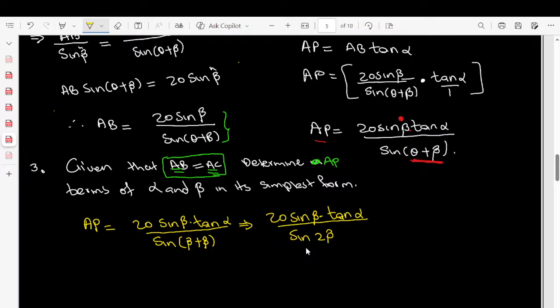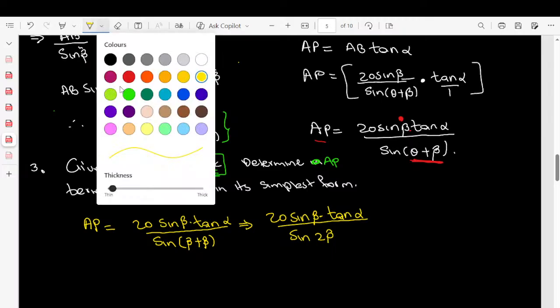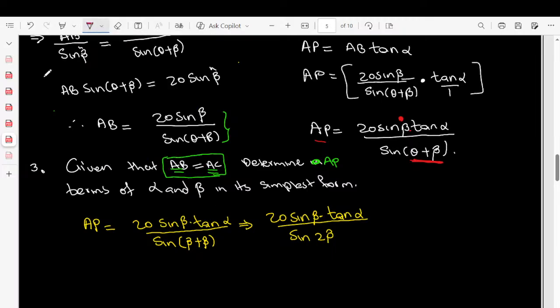So can you see that this gives us the double angle for sine? Meaning that we can change the bottom. We know that if I have the sine of 2 beta, I can write this as 2 sine beta cos beta.